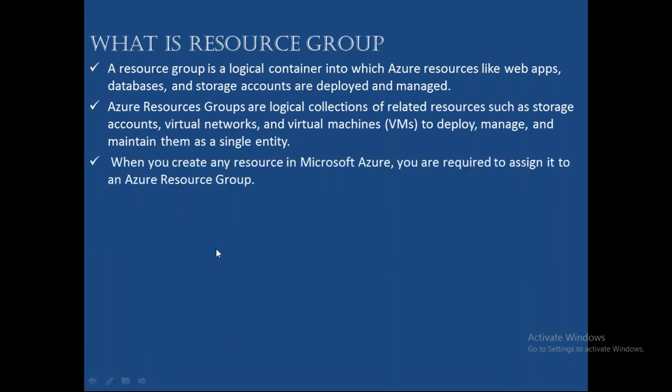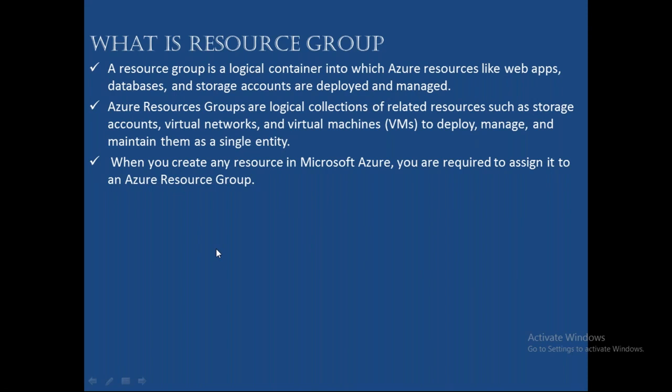When you create any resource in Microsoft Azure, you are required to assign it to an Azure resource group. You may think, I don't want to add this resource to any resource group. That is not possible. You must add any resource into a resource group. Remember, it's a one-to-one mapping. One resource should be in one resource group only. You cannot keep one resource in two resource groups.